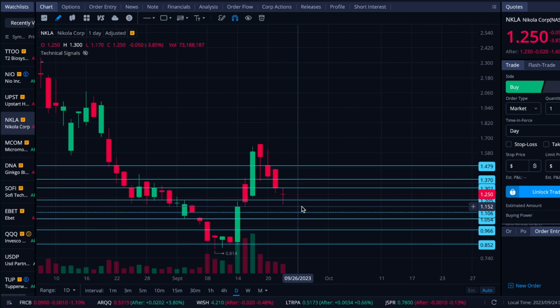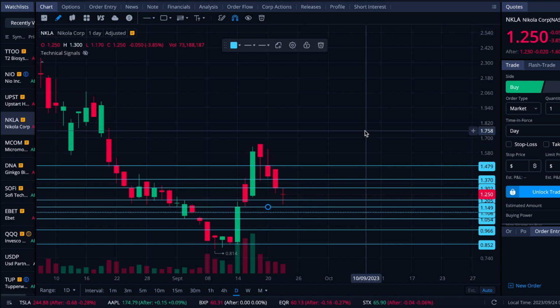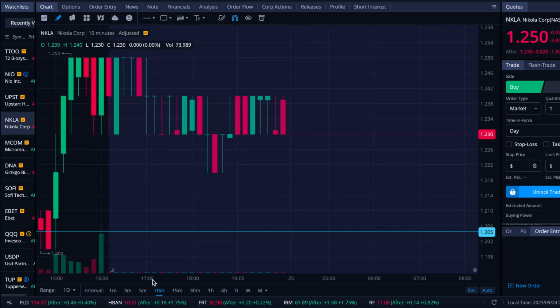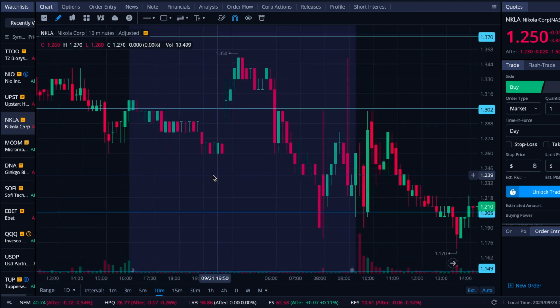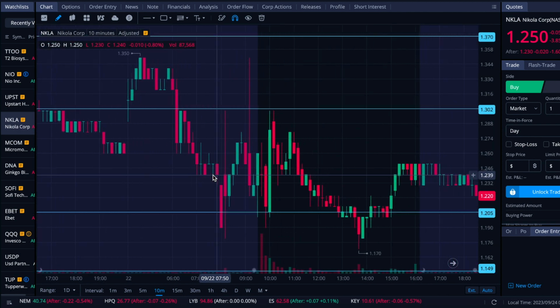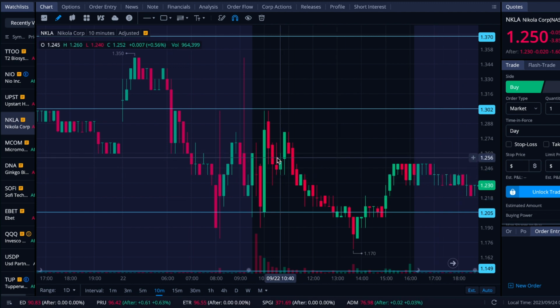I would say there's a level here as well, 115, say. All right, so those are the levels as I see it. Let's just zoom in and take a look. Pretty ugly barcode kind of chart. Well, not too bad. Obviously in the off-market hours, but intraday, not too bad, but not beautiful.